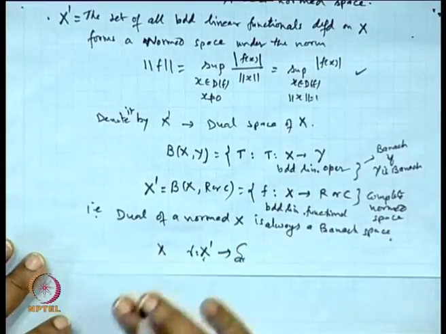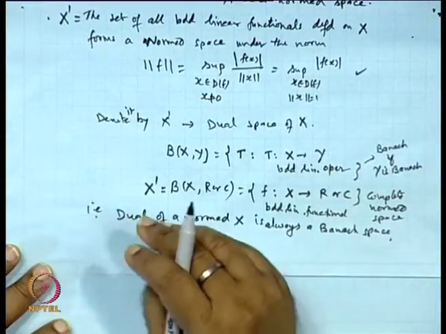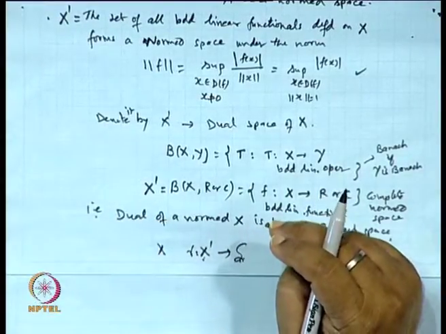So in order to investigate the dual of a space, we first identify the set and a mapping which can be an isomorphic mapping from that dual to the space chosen. Once it is established, we say the dual of that space is the particular S. For example, if I choose X equal to l1, then we will show that the dual of l1 is nothing but l infinity.